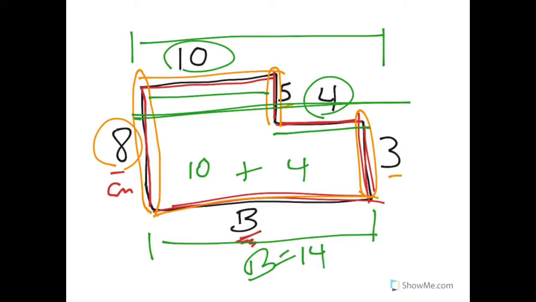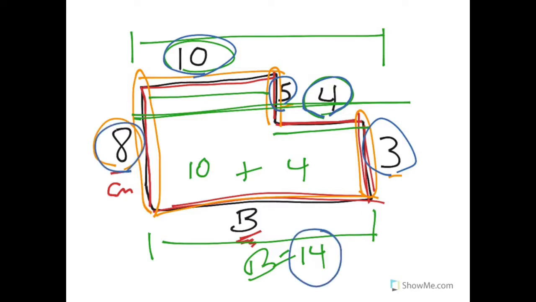Now that I have the missing side, it's very easy to calculate the perimeter. I have 10 plus 4 is 14, plus 5 is 19, plus 3 is 22, plus 8 is 30, plus B, or 14, my perimeter, 44 centimeters.